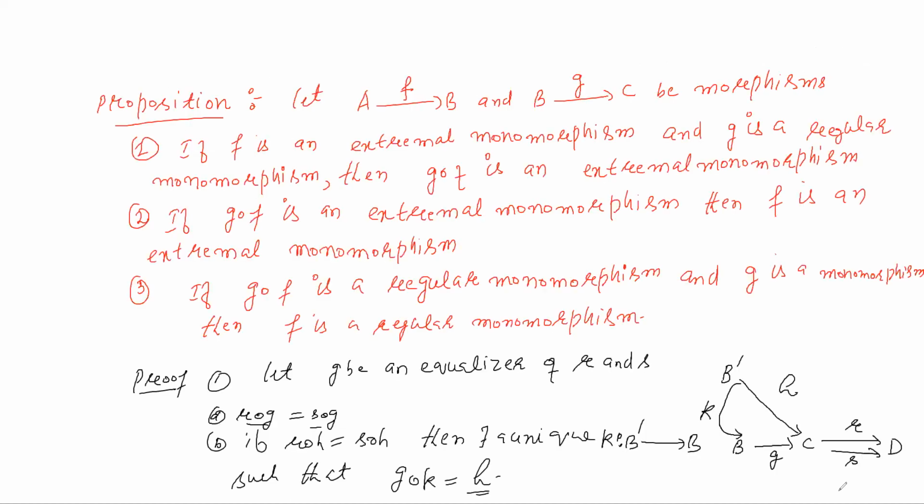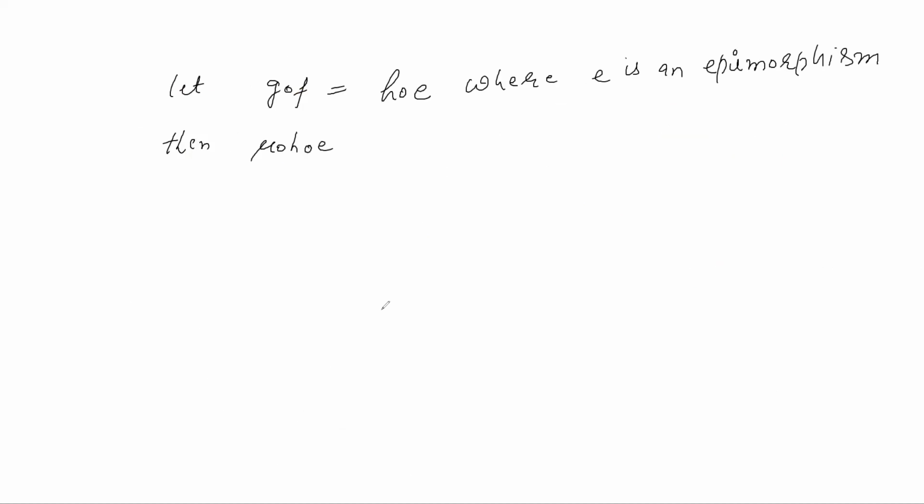This is r composition g composition f, and r composition g is s composition g, so it is s composition g composition f.